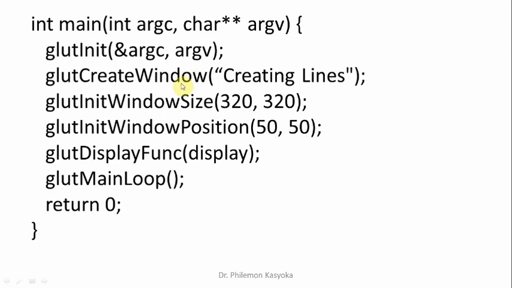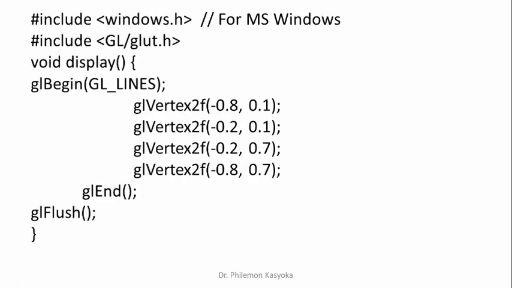Here is the main function. As I've said, in the main function, we might not need to change anything. The only thing we can change is maybe the title. And here the title has changed. It's creating lines. That is the only thing that has changed here. Now, here is the display function.